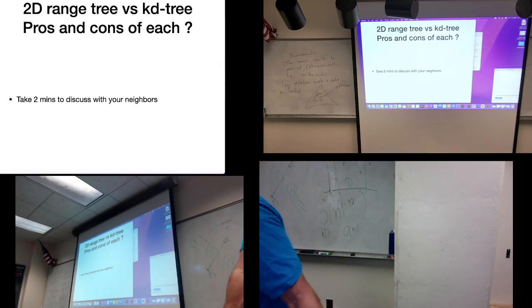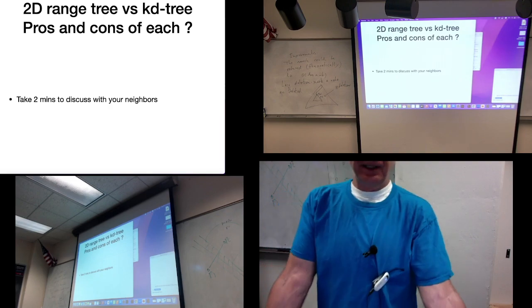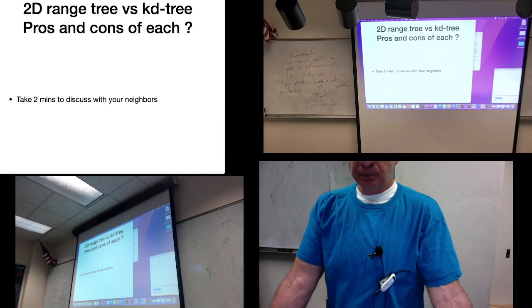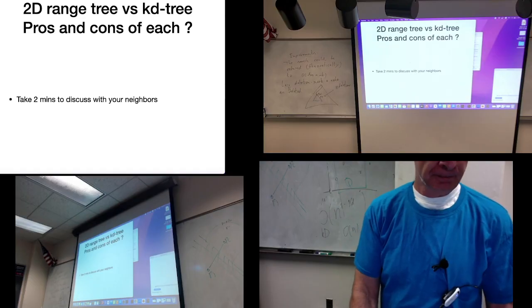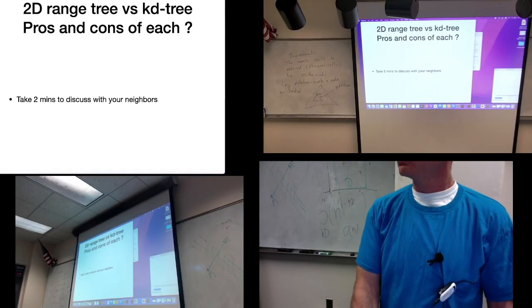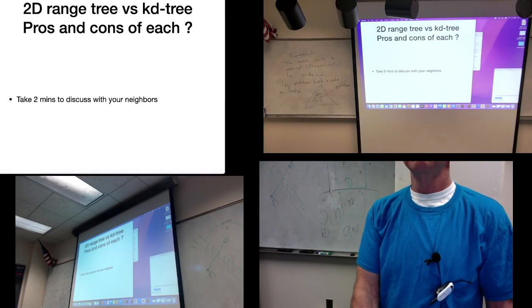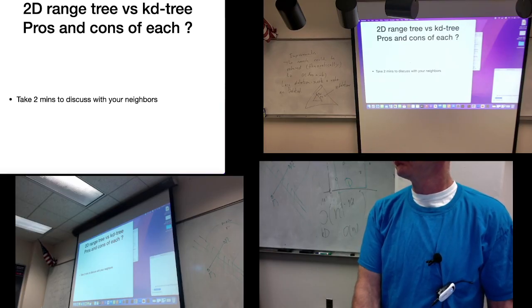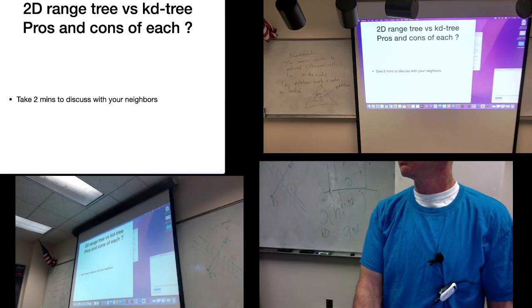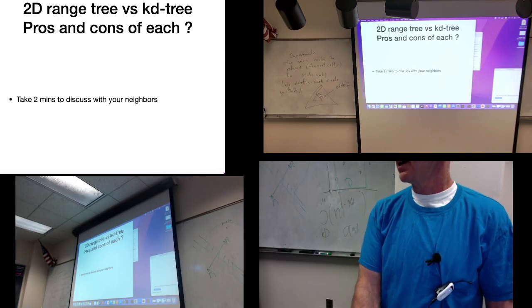KD tree versus 2D range trees. What's bad about the 2D range trees? We said that a query takes log square n, which you can squeeze into log n, which is pretty much the optimum.